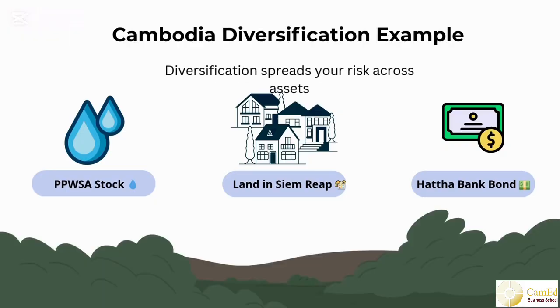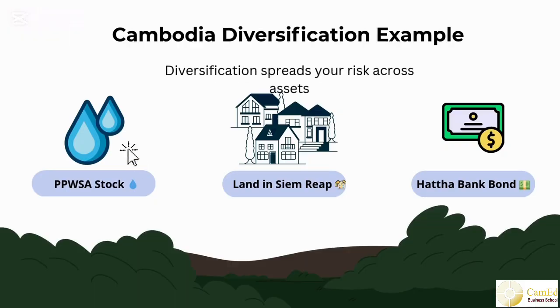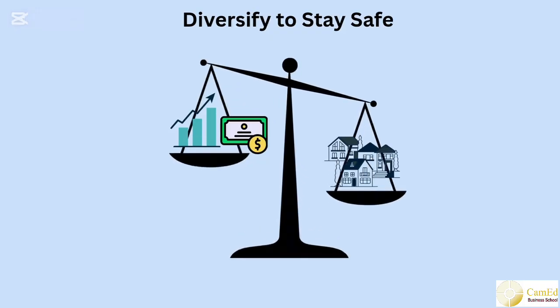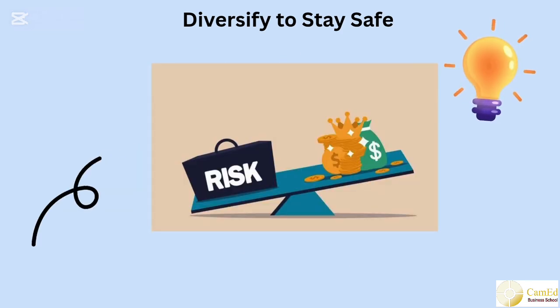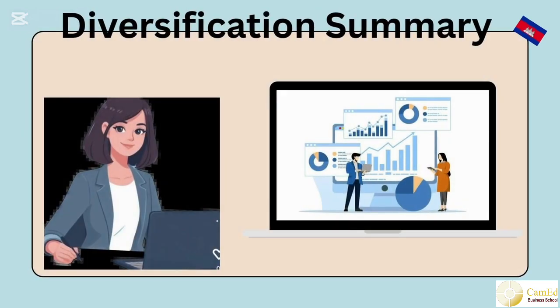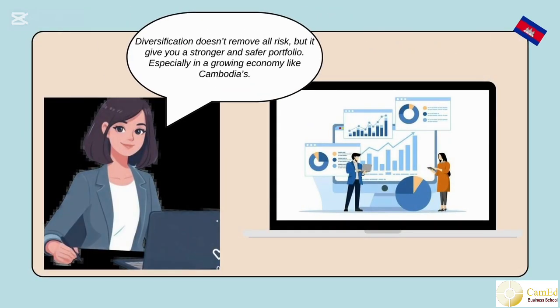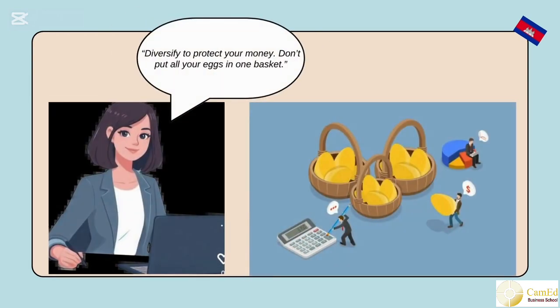Here is a simple example. In Cambodia, you can choose PPWSA stocks, land in Siem Reap, or Hattha Bank bonds. If land prices fall in Siem Reap, your stock or bond might still do well, so your total investment doesn't suffer too much. Diversification doesn't remove all risk, but it gives you a stronger, safer portfolio, especially in a growing economy like Cambodia's.